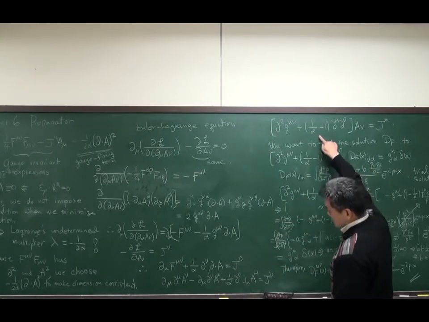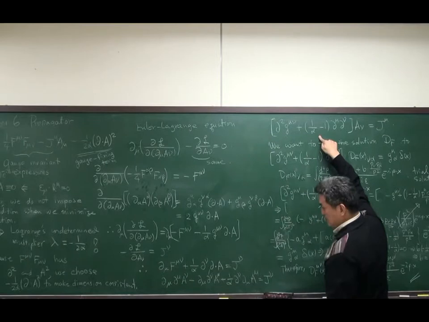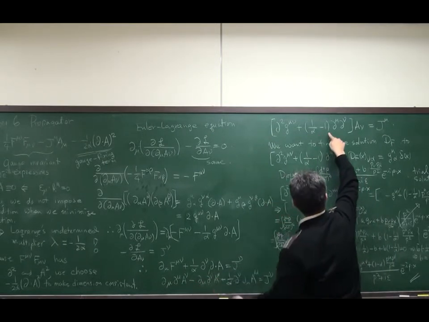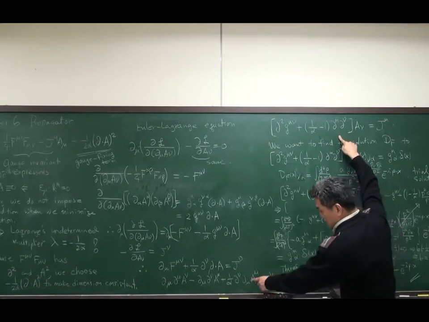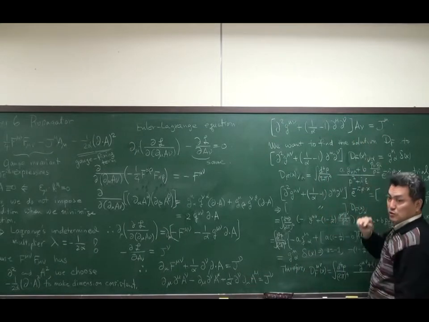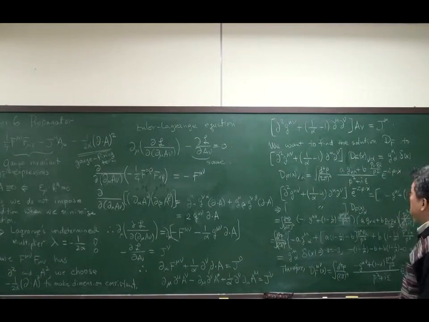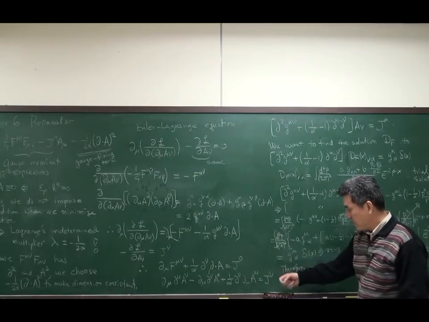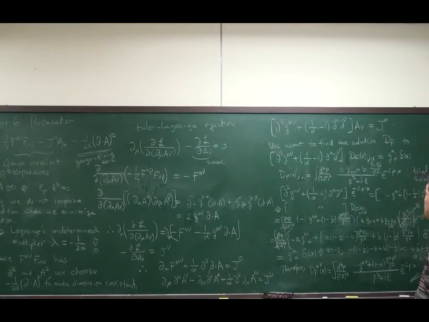If we combine these two terms in a single term, it is 1 over alpha minus 1, ∂^ν with divergence A. But note that I have replaced the nu and mu.